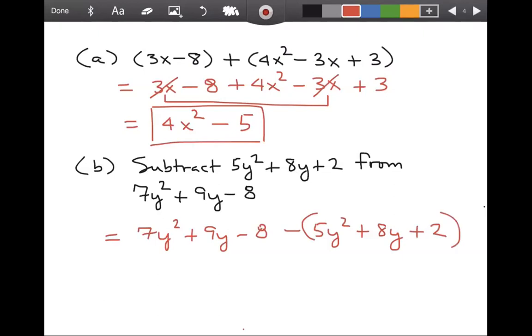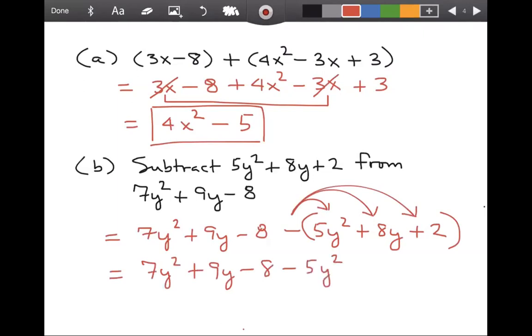Put the parentheses there. And then to get rid of the parentheses, you have to distribute a -1. So we have 7y squared plus 9y minus 8 minus 5y squared minus 8y minus 2.